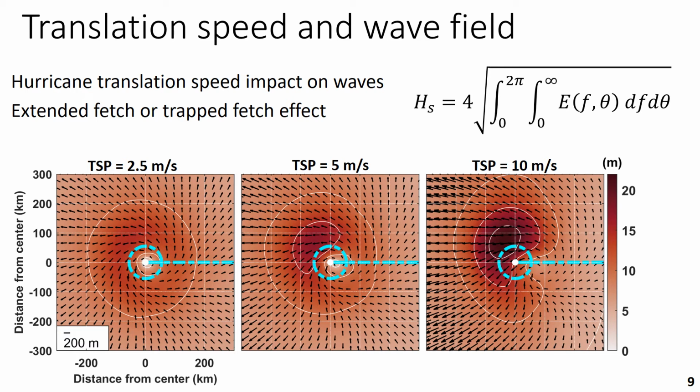And this is because the higher waves are under the wind for a longer period of time, because the faster moving hurricane more closely matches the speed with which the wave energy is traveling. That's known as the group velocity of the waves. So it produces a resonance that's known as the extended fetch, or the trapped fetch effect.